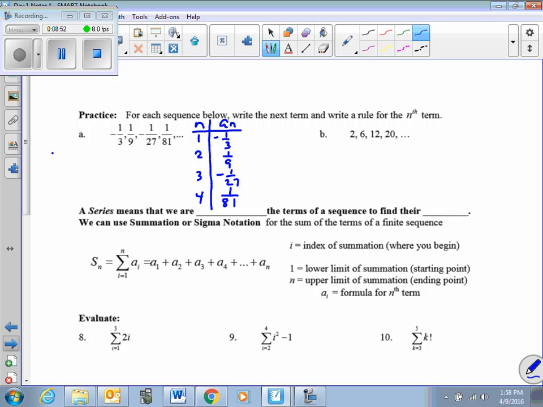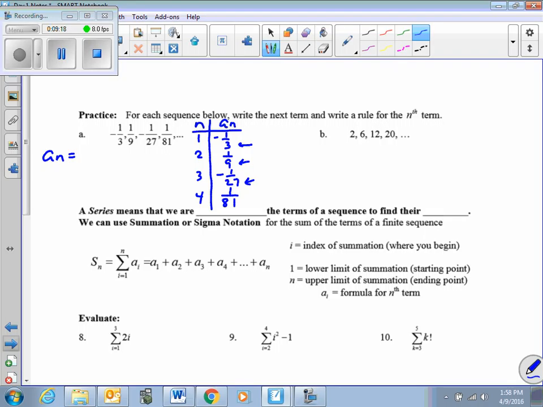So a sub n, let's see what we got here. I can see that my numerator is staying 1. Well, it's actually alternating between positive 1 and negative 1. So let's see what we think about this. And what's happening is it looks like my denominator, look at my denominator, I'm going 3, 9, 27.